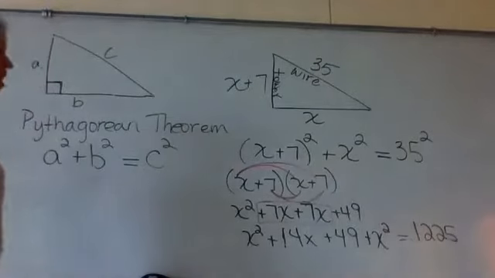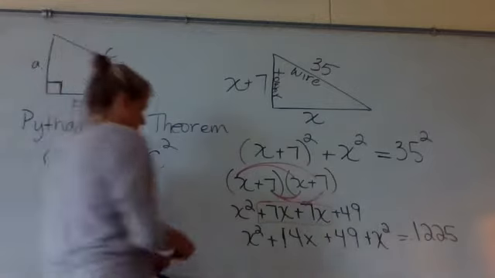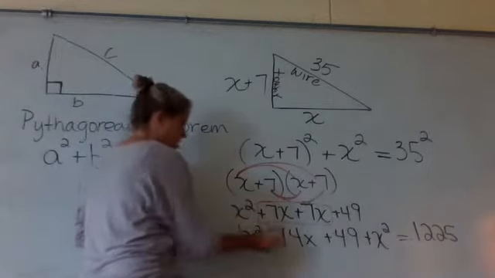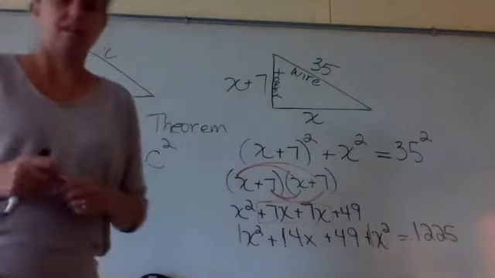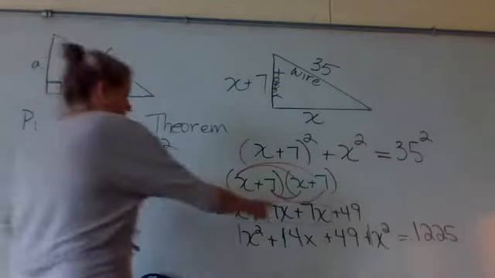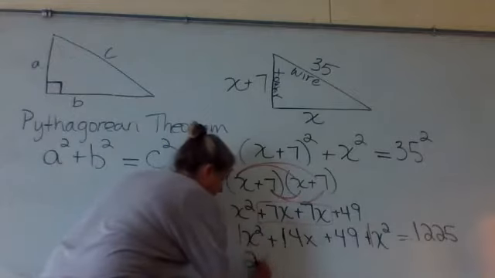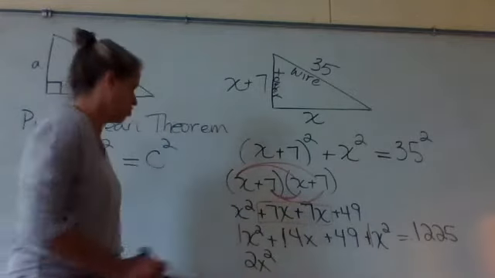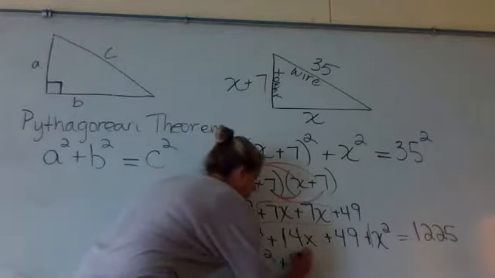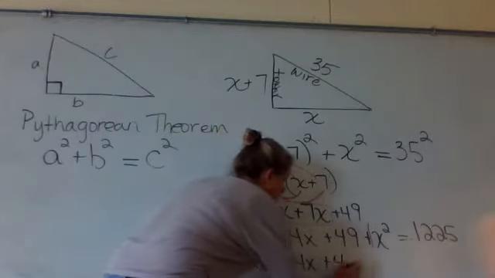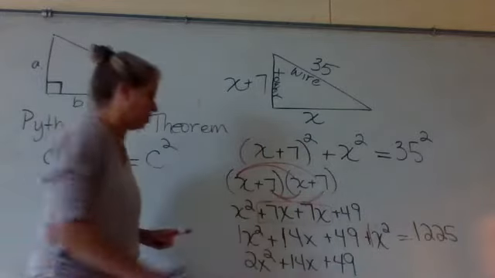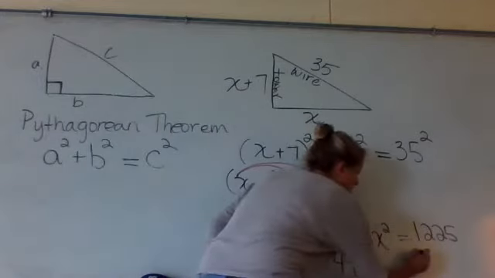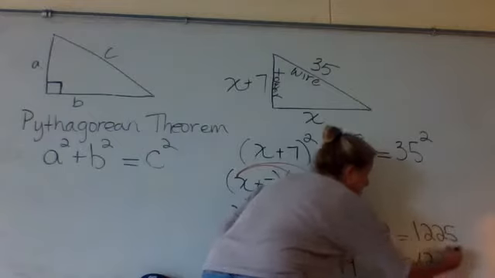So on the left, I've got this x squared and this x squared that I can put together, right? They're like terms on the same side. So I actually have 2x squared on the left side. So 2x squared plus 14x plus 49. So all I've done so far is put those x squareds together. Still equals 1225.